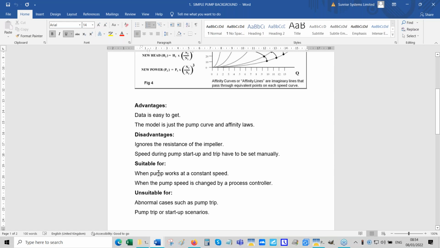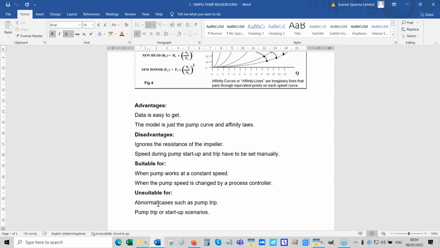So it's suitable when the pump works at a constant speed, or when pump speed is changed by a process controller, or even manually. It doesn't matter. If you have a variable speed pump and you want to change the speed of the pump, you can do it here. It's unsuitable for abnormal cases like pump trip. I use the term abnormal, but it's not really abnormal, because it could be that the pump is manually stopped by an operator switching it off.